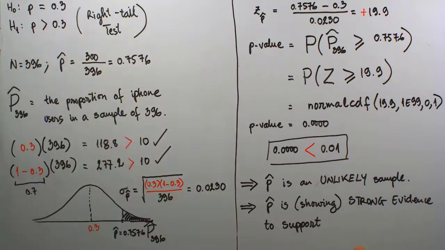So another way of saying it: we have p-hat here showing strong evidence to support H1. Or alternatively, we can also say p-hat, our sample proportion, is strong evidence to reject H sub 0.